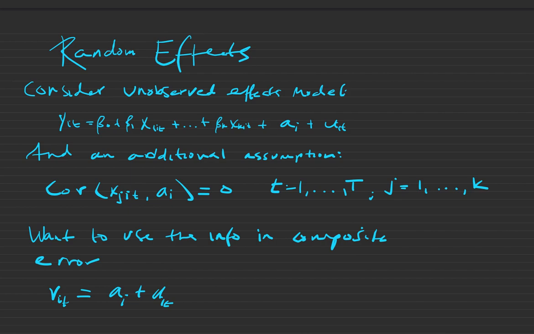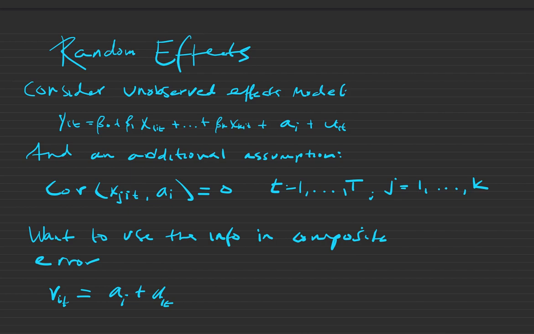We have, until this point, been coming up with creative ways to get rid of a_i because the covariance between the explanatory variables and a_i is not 0. And now we're going to change this assumption to allow covariance to be 0.